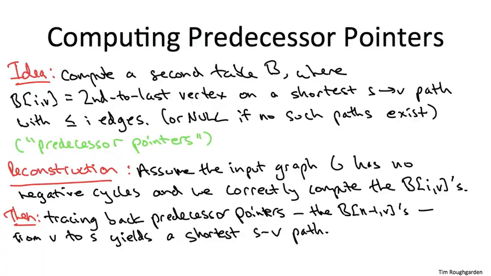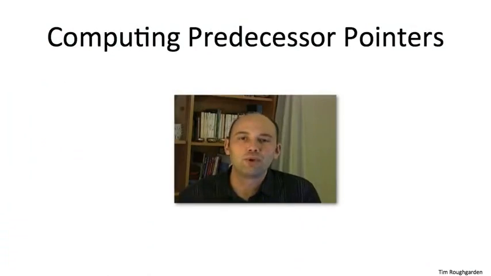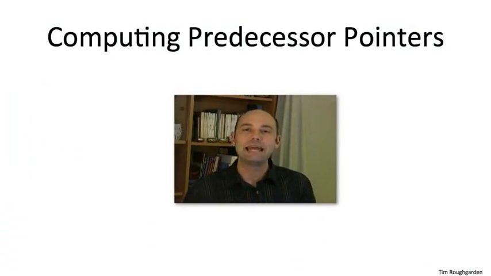We're storing at v what the last hop is, (w,v), and so we know that it's just that last hop with the shortest path back to s from w. And by traversing, that's exactly what you do. You just reconstruct the rest of the path from s to w. So if we correctly compute predecessor pointers, then they enable the simple reconstruction of shortest paths just by traversal after the fact.